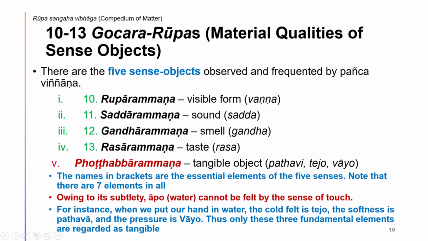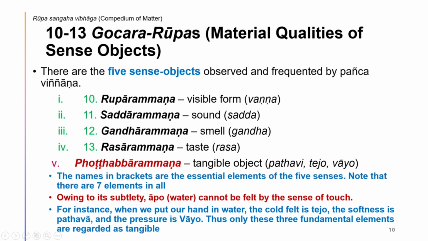For the tangible object, the Photthabba Ayatana, it is not able to detect all the 4 great elements. Pathavi, hard and soft; Tejo, hot and cold; Vayu, the air.